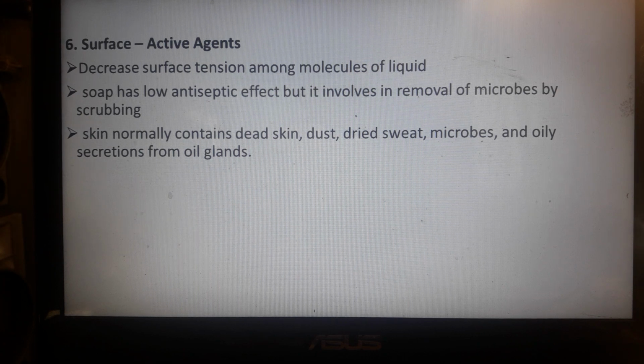So yung inaano lang ng mga surface active agent is yung attachment ng bacteria in certain objects. So they are going to lower the surface tension of the bacteria in the cell membrane area. Okay, the skin normally contains dead skin, dust, dried sweat, microbes, and oily secretions from oil glands.